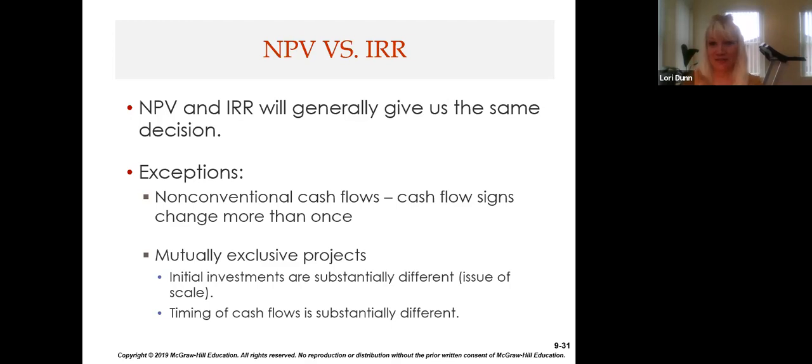So you can only do one or the other. When initial investments are substantially different, there are issues, as well as when the timing of cash flows is substantially different. These need to be not only calculated, but really looked at. So we're going to show you how we do that today.